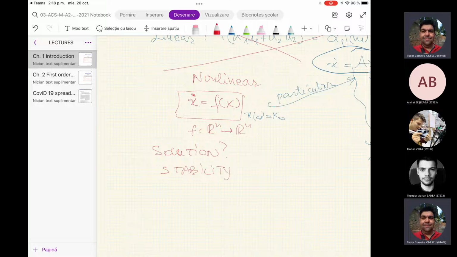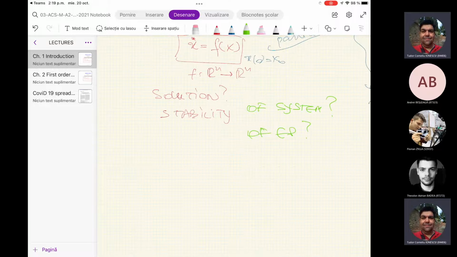And now the stability question is: is it stability of the system, or is it stability of an equilibrium point, so of the trajectory going to a constant? Questions we have to answer ourselves.